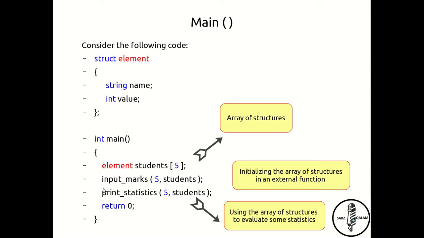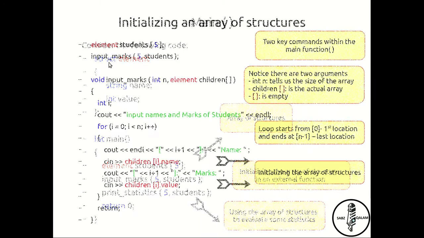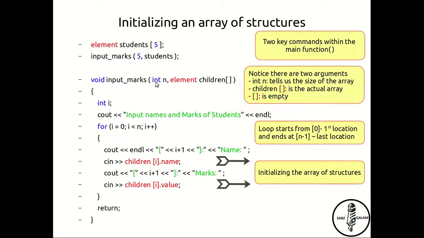So let's first look at the first function, input marks. Remember, this is just a part of the main function shown for instant reference. So we are passing the size of the array and the array of structures. Whenever you pass this array of structures, you have to tell what the array is.